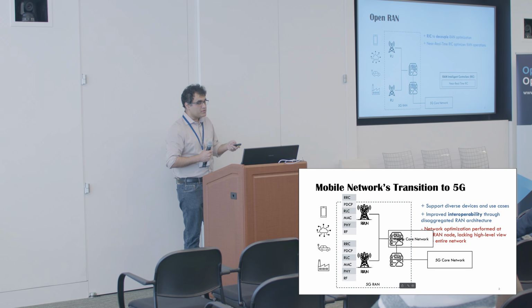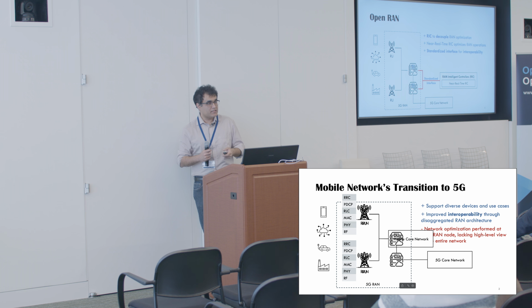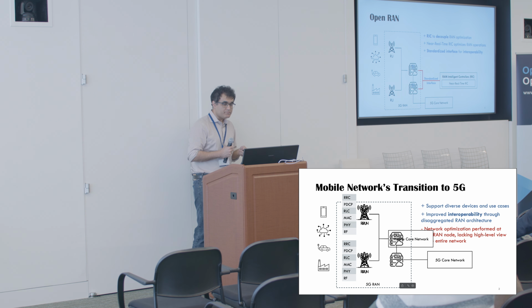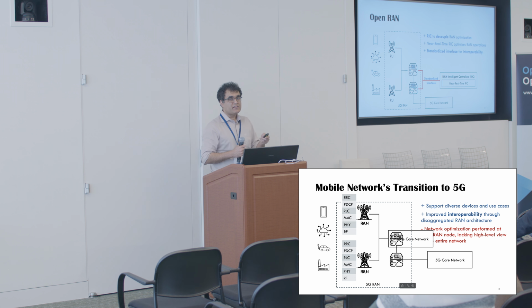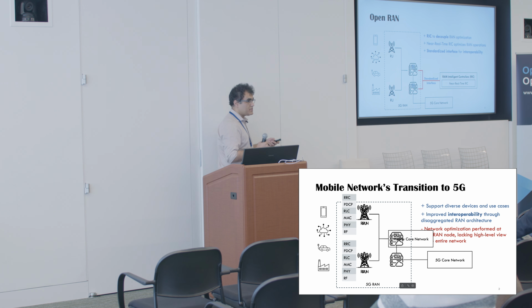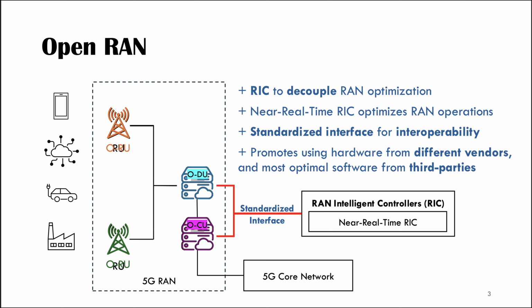Open RAN introduced different types of RAN intelligence controller. One such RAN intelligence controller is called the near real time RIC. The near real time RIC is connected to the RAN through standardized interfaces, and it collects real time metrics, takes some decisions, and then gives commands to the network to reconfigure.